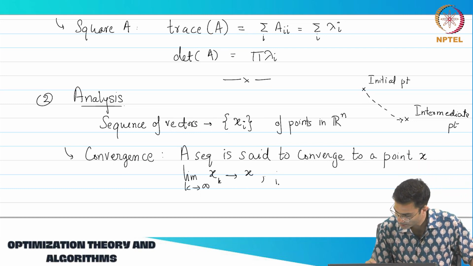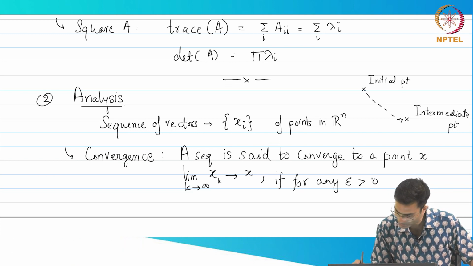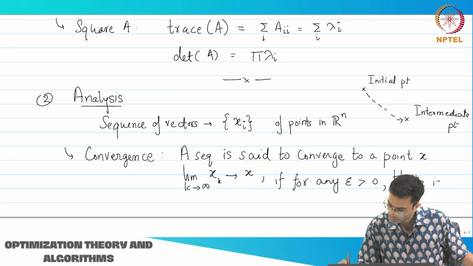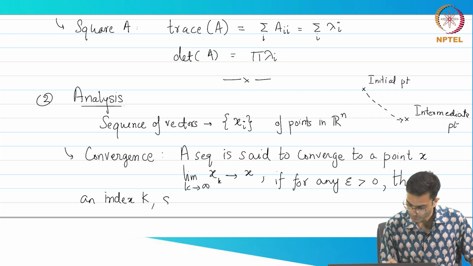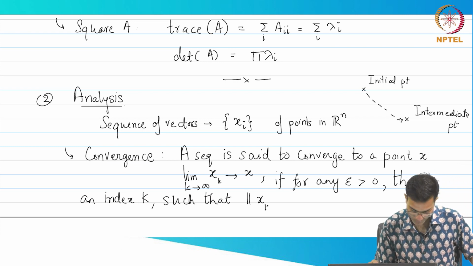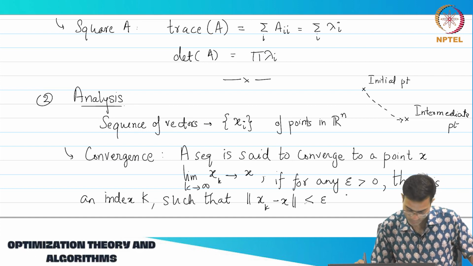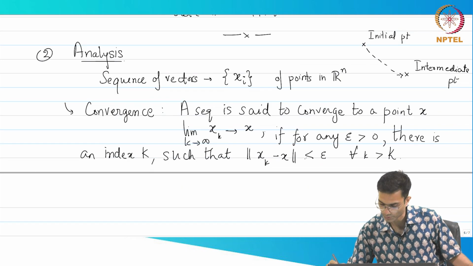It means that for any epsilon greater than 0, there is an index k. Index just means you can just take a number k. So this is the definition of convergence.